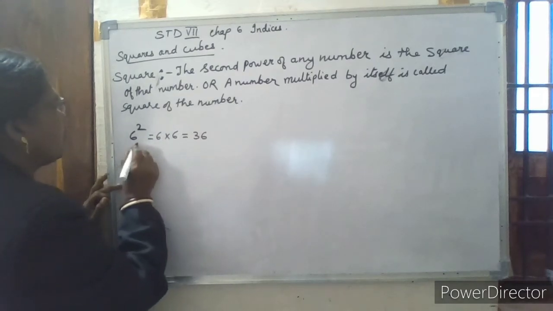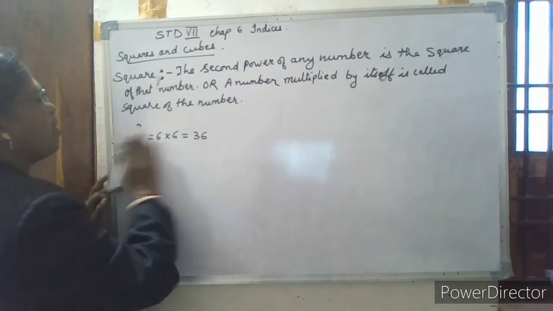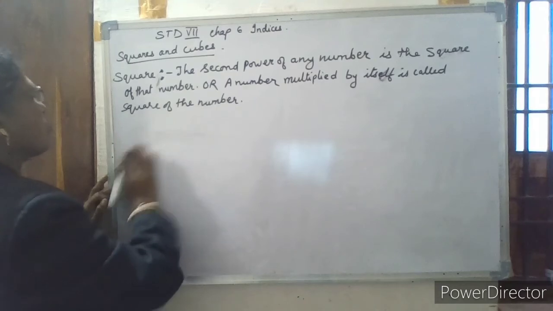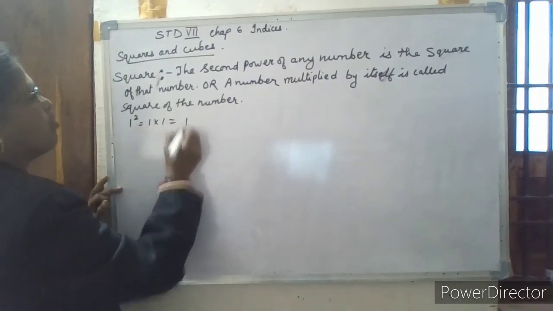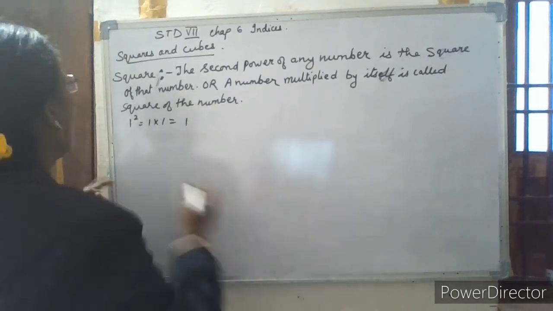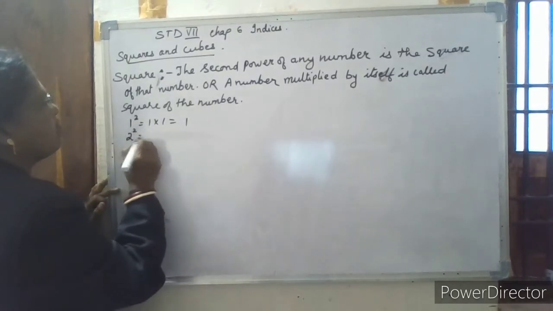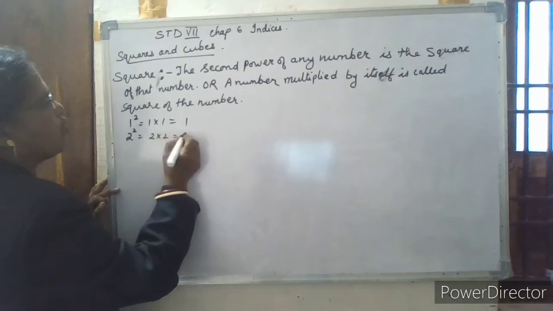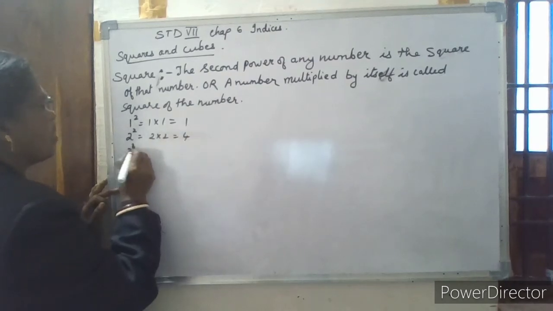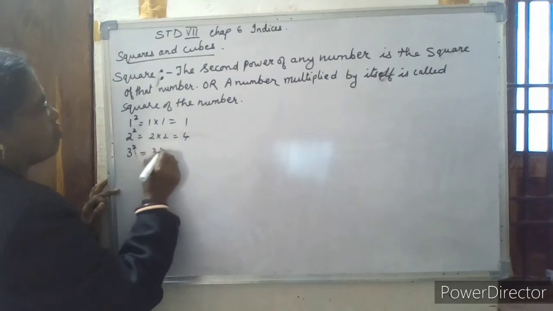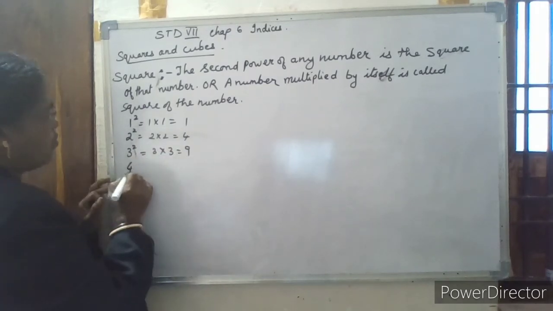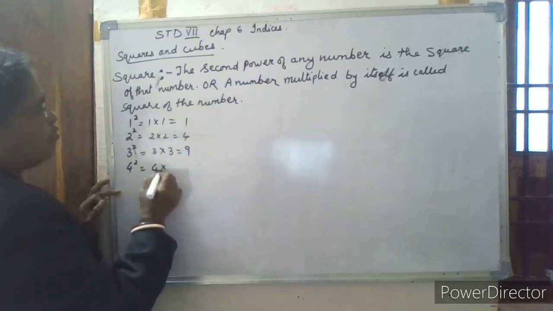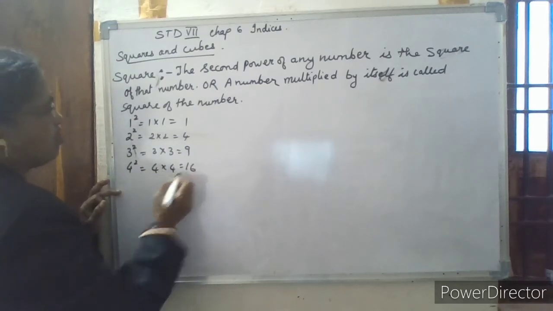If I want to find 1 squared, it is equal to 1 into 1, that is equal to 1. Square of 1 is only 1. 2 squared is equal to 2 into 2, that is equal to 4. 3 squared is equal to 3 into 3, that is equal to 9. 4 squared is equal to 4 into 4, that is equal to 16.